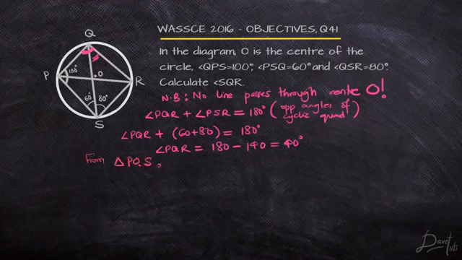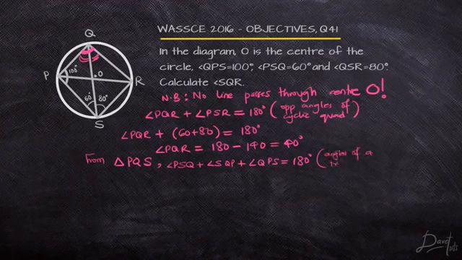From the triangle PQS, we know that we have 100 degrees as one of the angles, we have 60 degrees as another angle. We can find the third angle by solving for the sum of angles in a triangle, which we also understand to be 180 degrees. And in trying to solve that, we can add PSQ, SQP, and QPS.